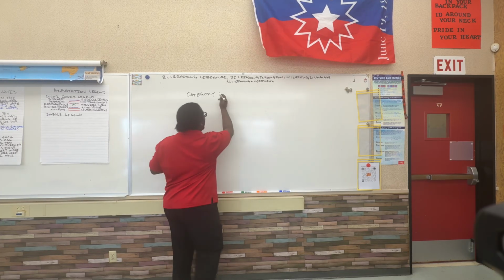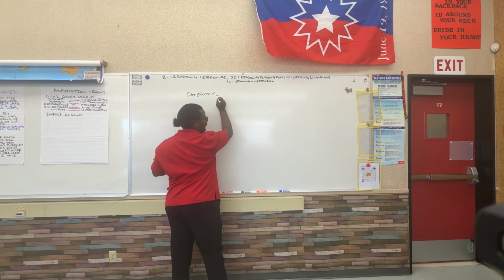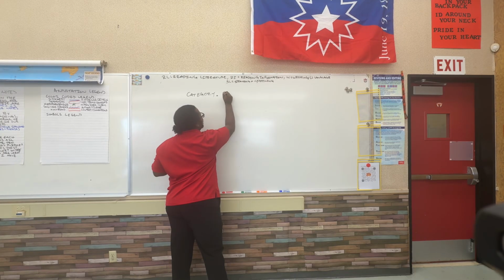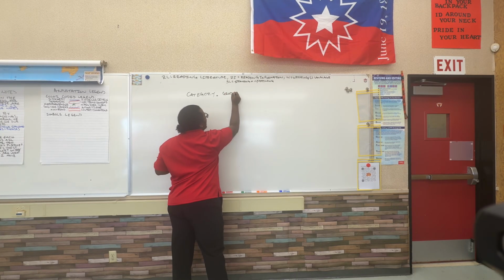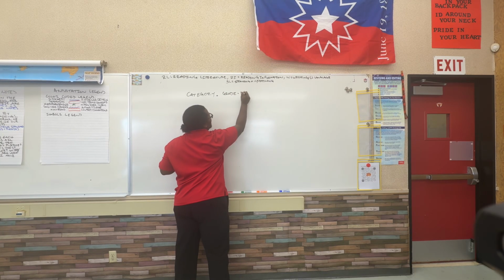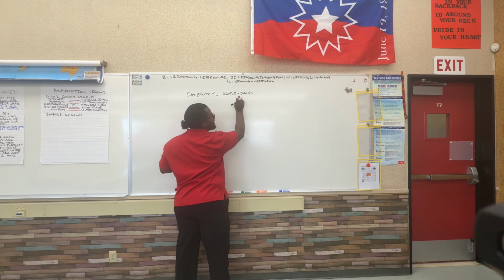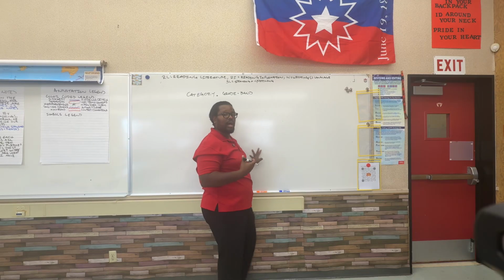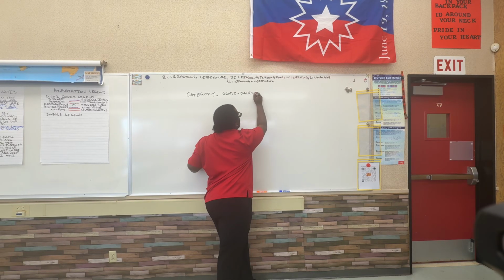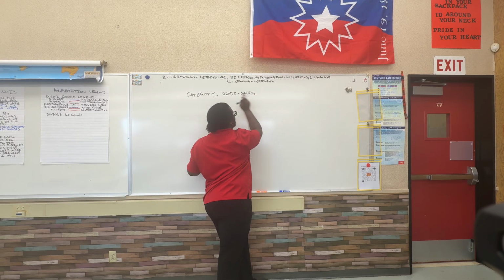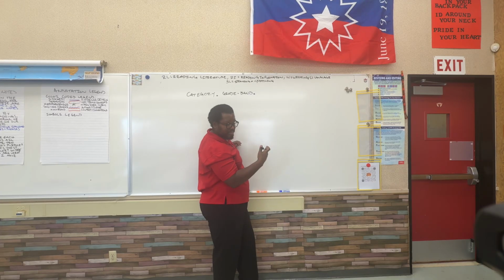Absolutely, friend. So category, dot, grade band. Now listen, that's two words, but this is a symbol that I'm using, and I'm using it specifically. Grade band, period, just like I'm using these specifically.